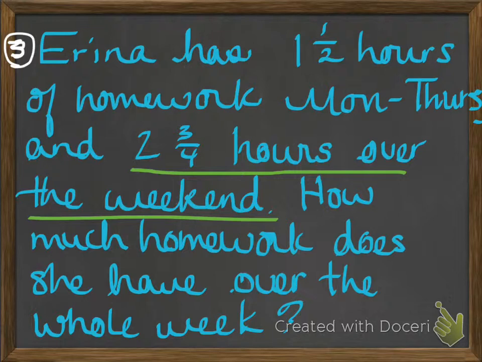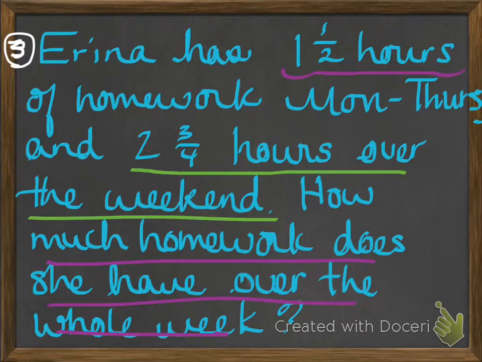Okay, so what I need to do to solve this problem is figure out how much homework she has to do over the entire week. To figure that out, I'm going to take 1 1/2 hours of homework times 4 days. So 1 1/2 times 4, because she only does that on Monday, Tuesday, Wednesday, and Thursday.